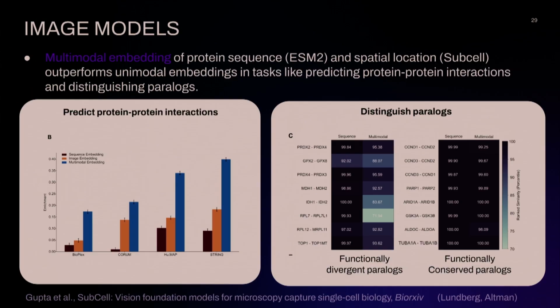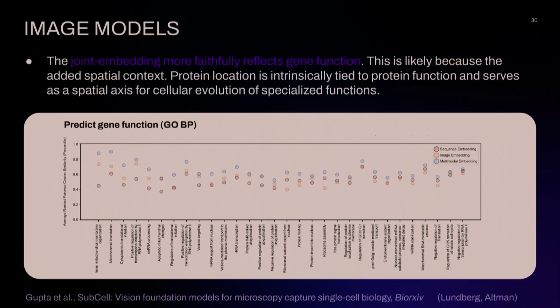So this demonstrates that when cells want to, let's say, use the same gene, the same sequence, but use it to encode many functions, the cells use that spatial axis to differentiate that function. Whereas the functionally conserved paralogs are very similar also in the multimodal embedding. So we also tested this model on a task such as predicting gene function, biological process, as it's called in the gene ontology database.